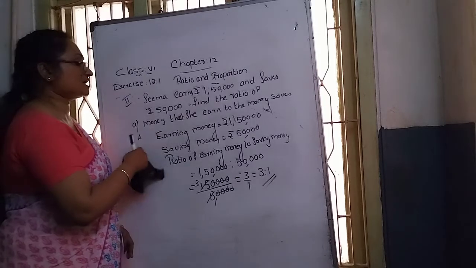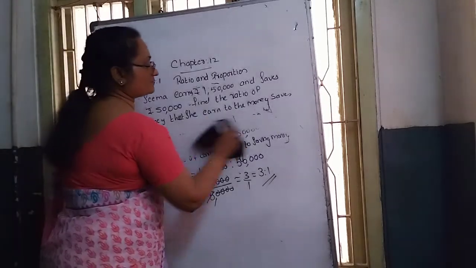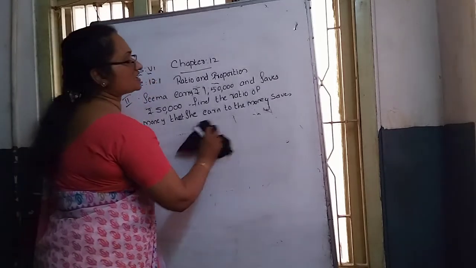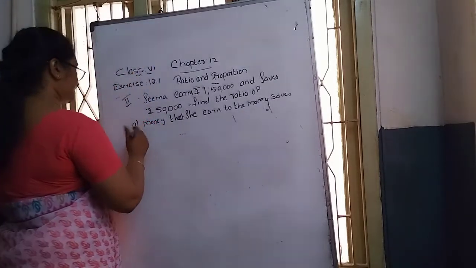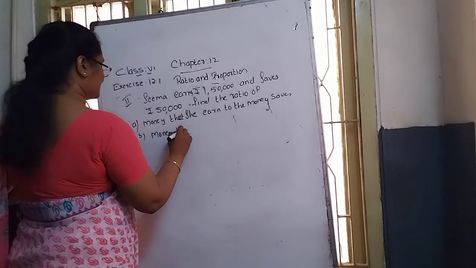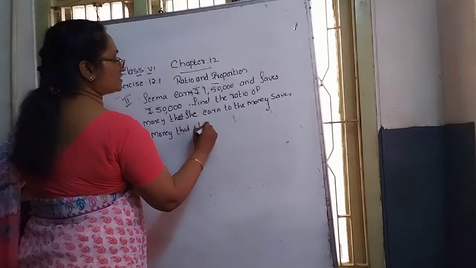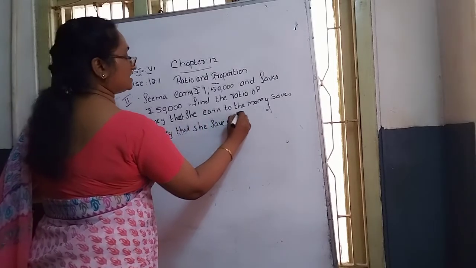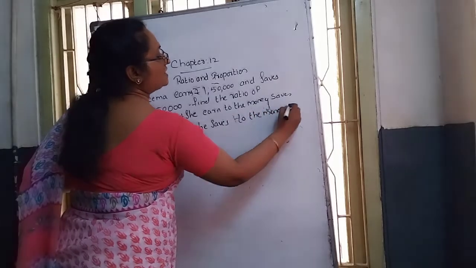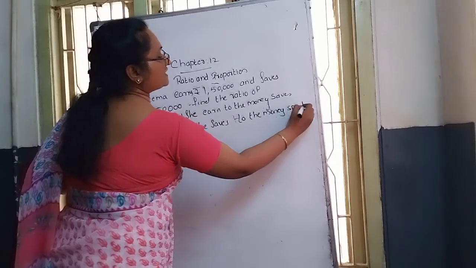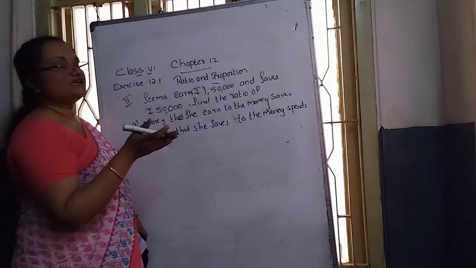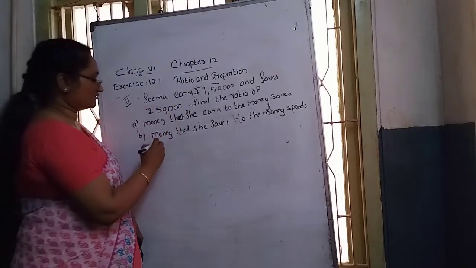Now the second part, the B part. Here they ask for the ratio of the money she saves to the money spent, the saving amount to the spending amount. The spending amount is not given, so first we find the spending amount.